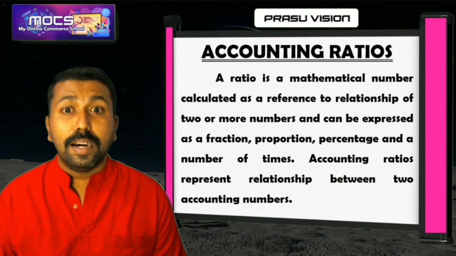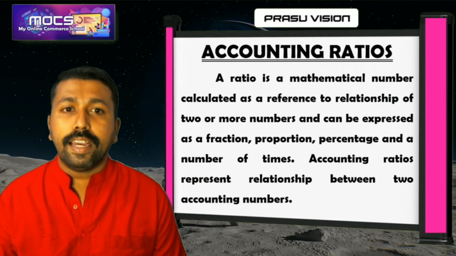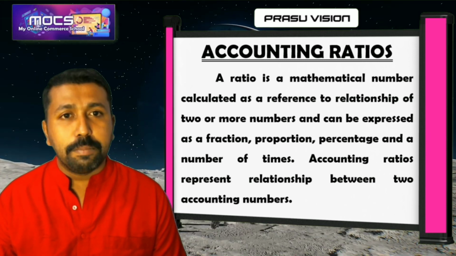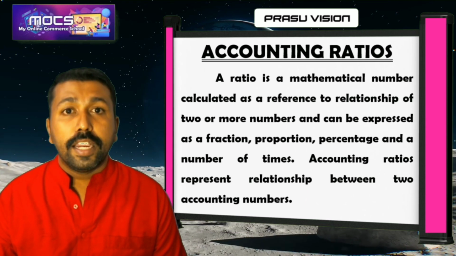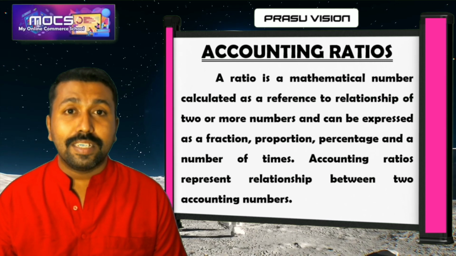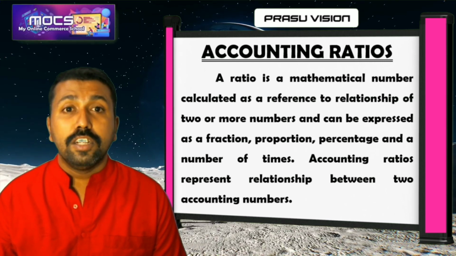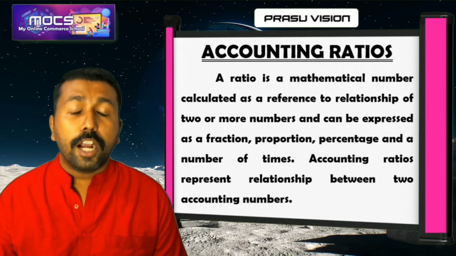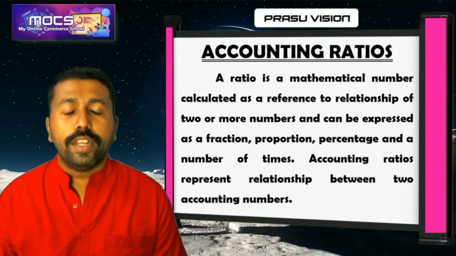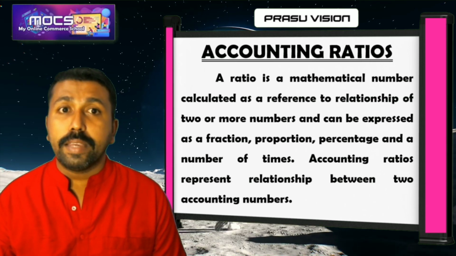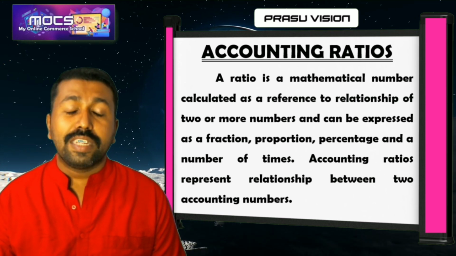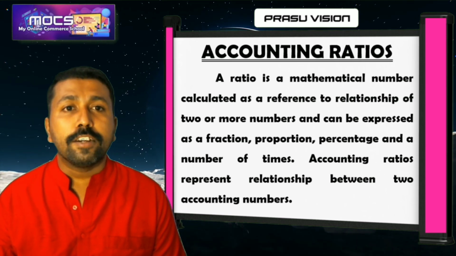A ratio is a mathematical number calculated as a reference to show the relationship of two or more items in the financial statement. It may be a fraction, a proportion, a percentage, or sometimes it is shown as times. Accounting ratios show the relationship between different items in the financial statement. Either it may be from the balance sheet or it may be from the profit and loss statement. So keep in mind the concept.